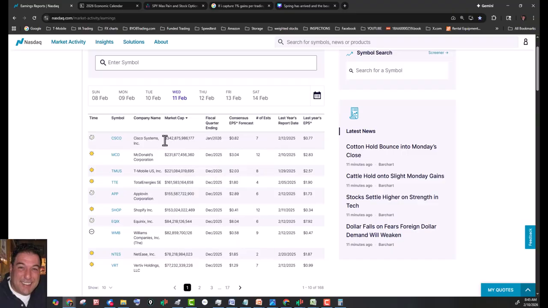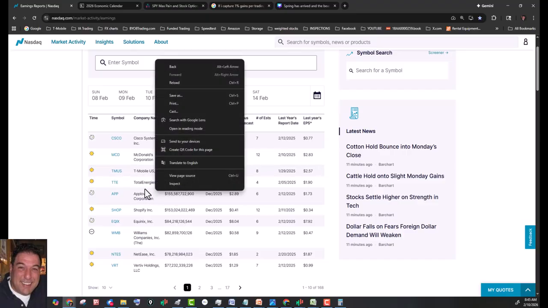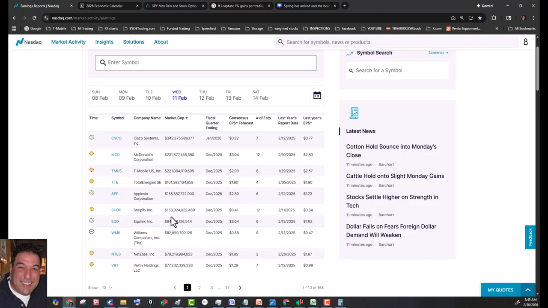So there'll be a lot of eyes on that one. Not as much as an AMD or an NVIDIA, but there'll be a lot of eyes on technology. McDonald's reports, $231 billion. T-Mobile, $221 billion. Total Energies, $161 billion. AppLovin, $155 billion.